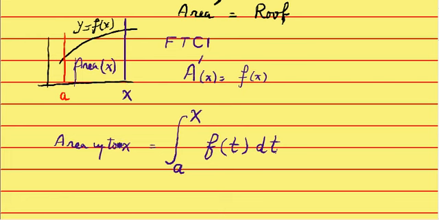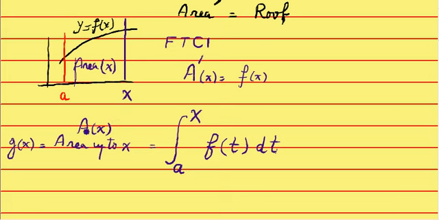Now, the area function, we could call it a of x, for example. Let's call it a of x, just not to confuse you when you are reading your text. They like to use a letter related to that. Your book calls it g of x. I would have liked to call it just a of x. It makes more sense.